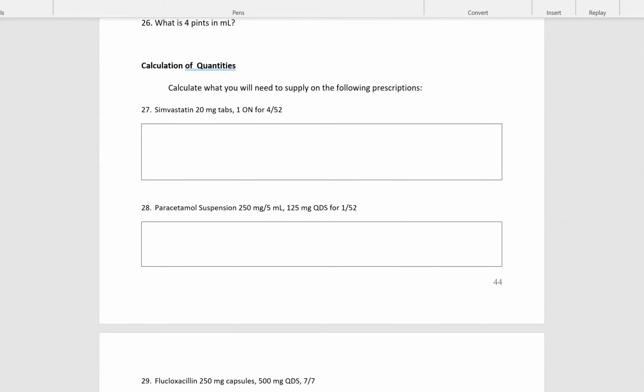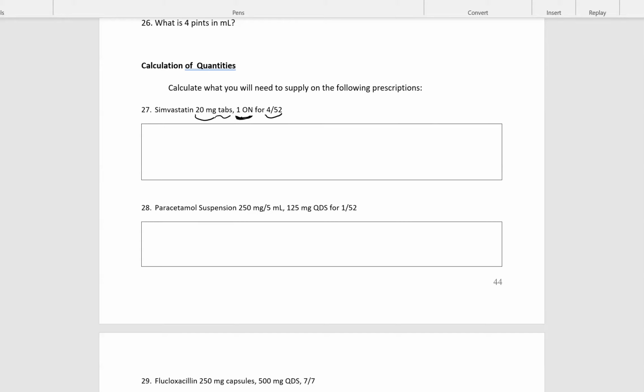Now you have a prescription. In this prescription, the doctor just prescribed simvastatin 20, and the strength is 20 milligram tablets. So the form is tablets, and 1 at night, for 4 weeks.